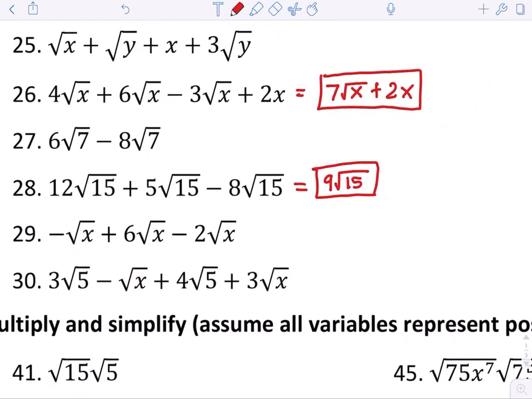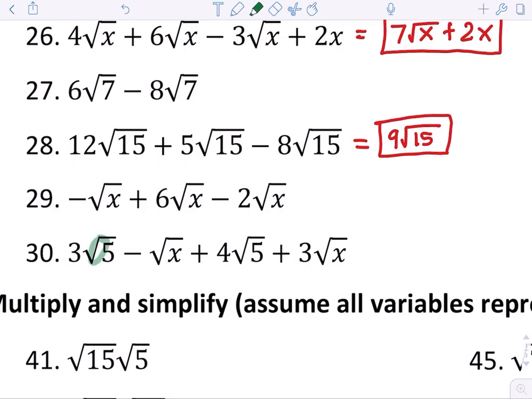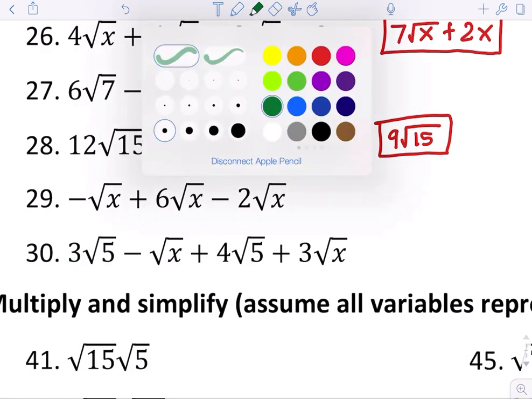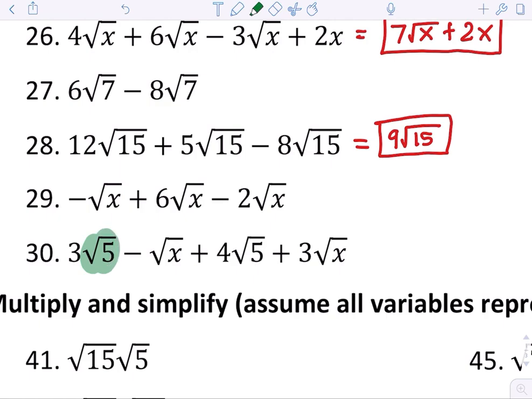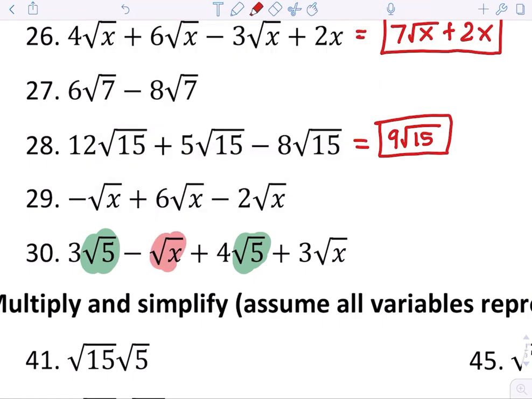Number 30. All right, so we got this, right? I'm gonna make this thicker. Okay. This and that have the same root and radicand, right? So we're going to combine like terms right there. And this one has the same root and radicand as that one.